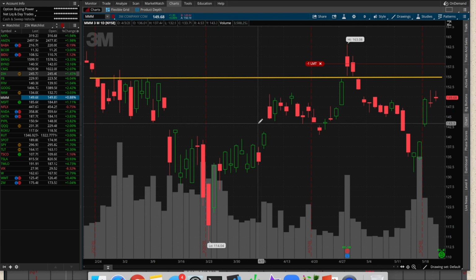The first rule of support and resistance is you shouldn't have to think twice when drawing a support or resistance line. It should be very obvious to you where the support is. The way you determine that is any price point where the price of the equity is bouncing at that line back and forth at multiple touch points, that's where your support and resistance levels lie.